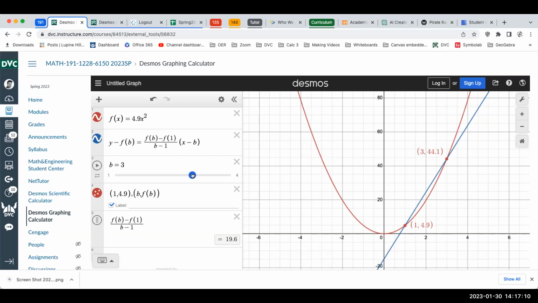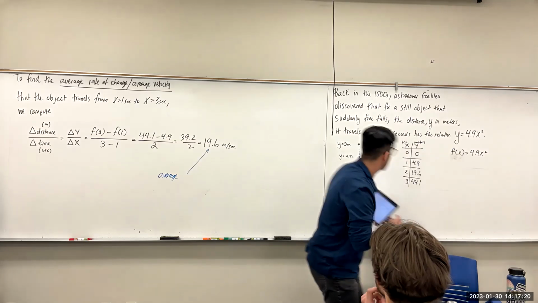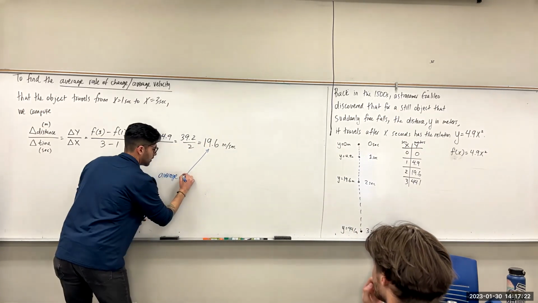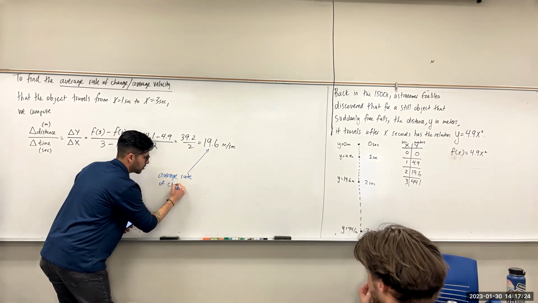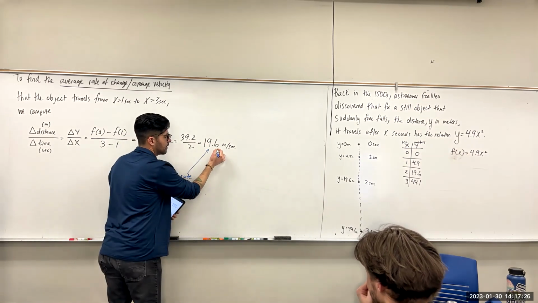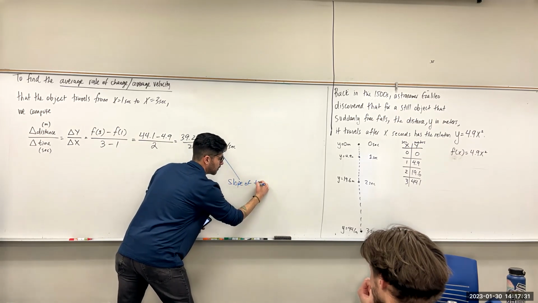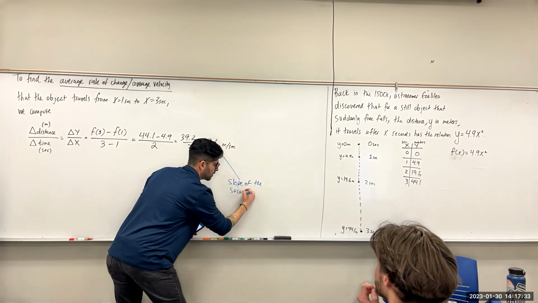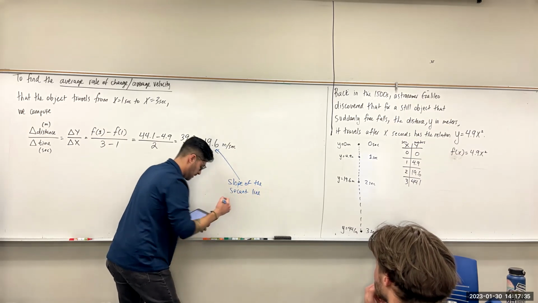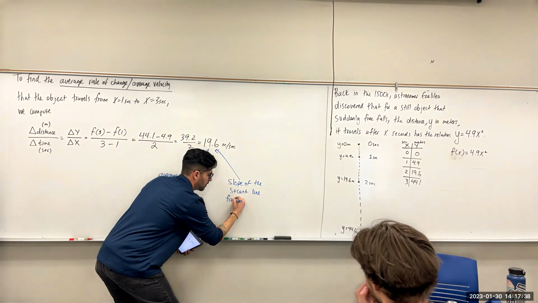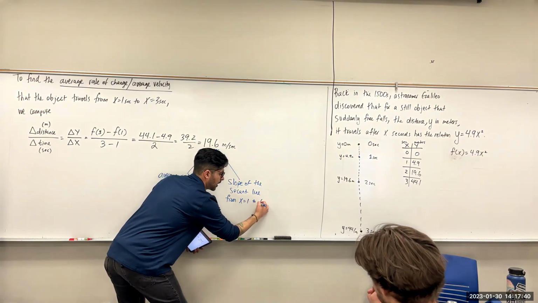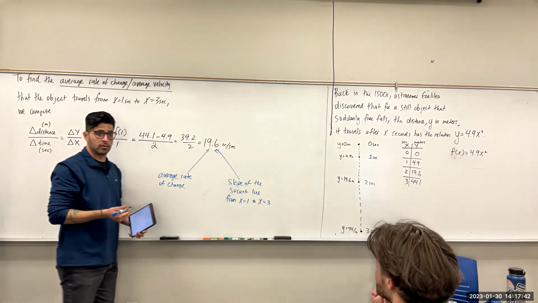So in this case, this gives you the average rate of change, but it also represents the slope of the secant line from x equals 1 to x equals 3 that we were looking at on this.